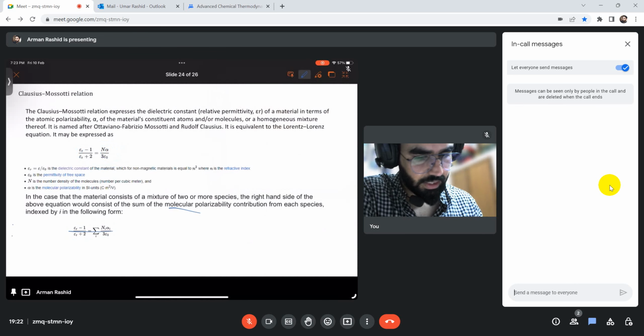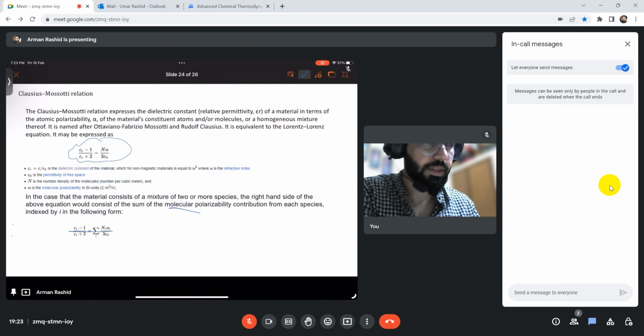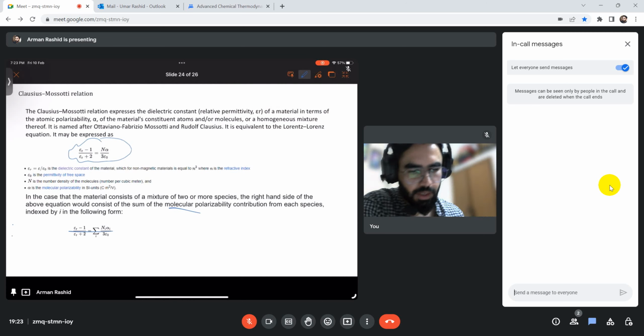Epsilon r minus 1 divided by epsilon r plus 2 is equivalent to n alpha divided by 3 epsilon 0, where n is called the number density of the molecules, number per cubic meter. So this equation we'll use here.